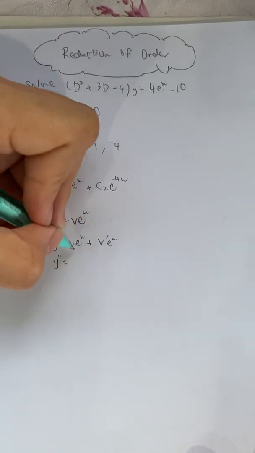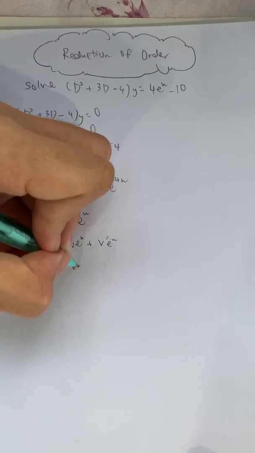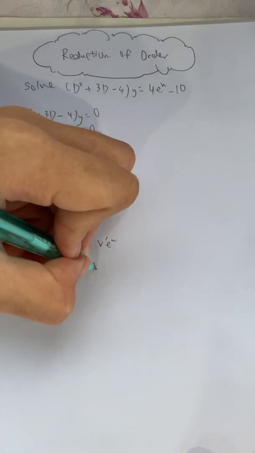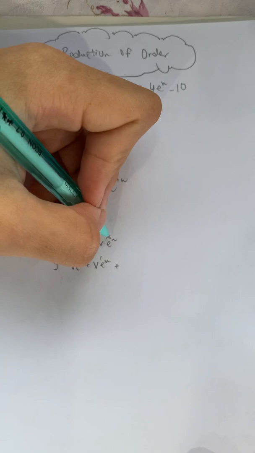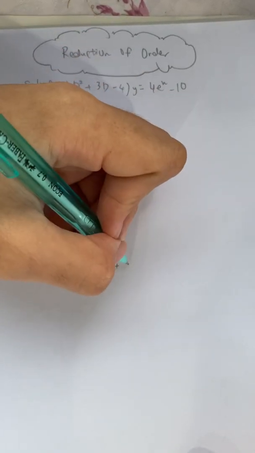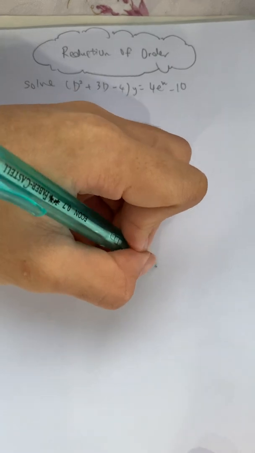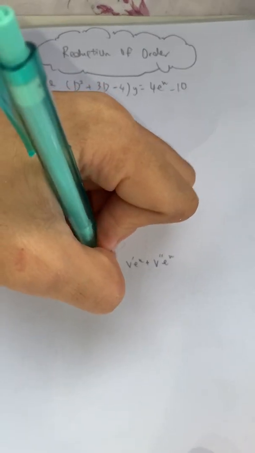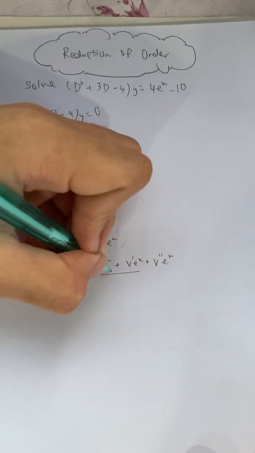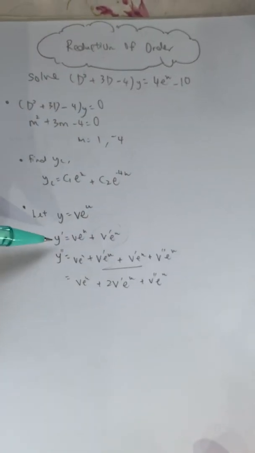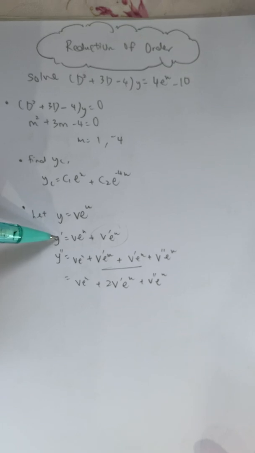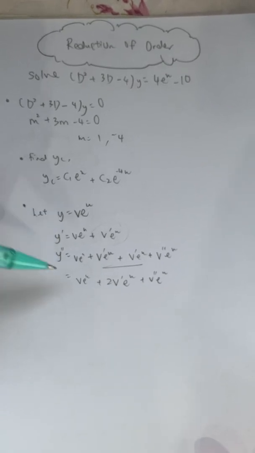So we differentiate this, we get ve^x plus v prime e^x plus v prime e^x plus v double prime e^x. So we simplify this, we get 2v prime e^x plus v double prime e^x. So we have done the differentiation for y.